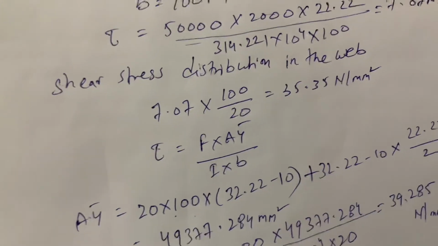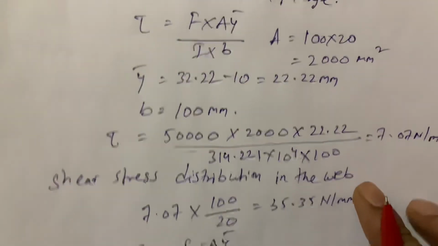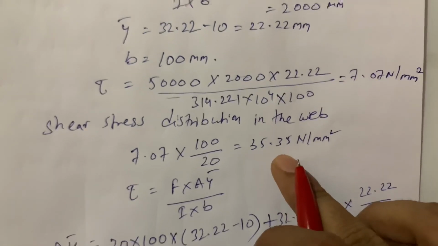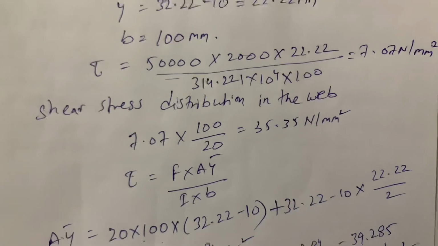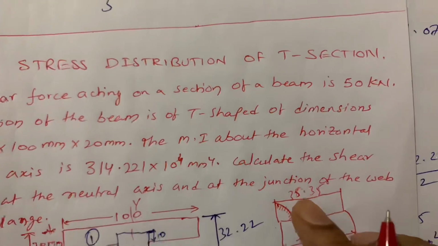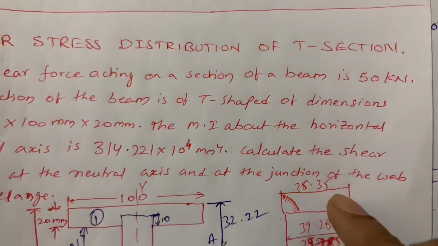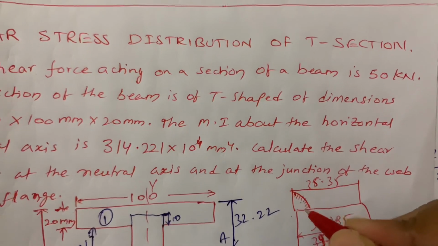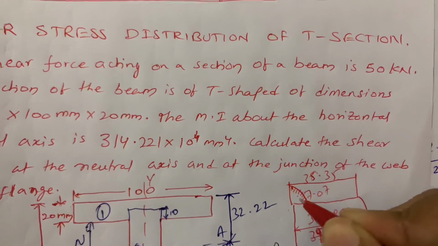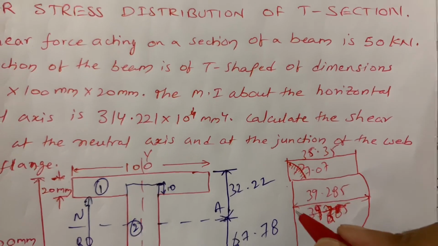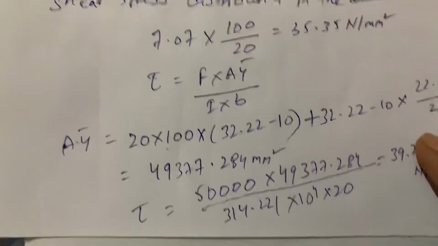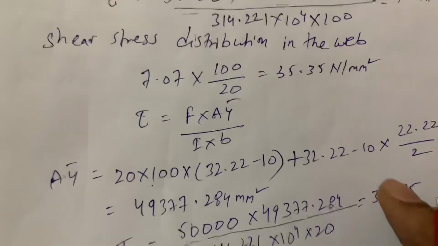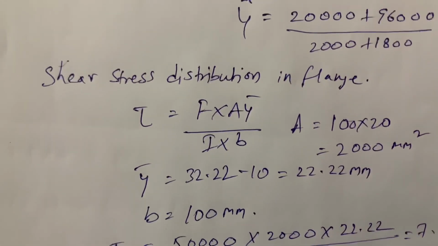I'll show you the values. So we calculated here the shear stress distribution in the web. It increased suddenly to 35.35, that is here, and this value is 7.07, and this one from here to here is 39.285, that is our ultimate value. Okay, thank you so much. Thanks for watching.